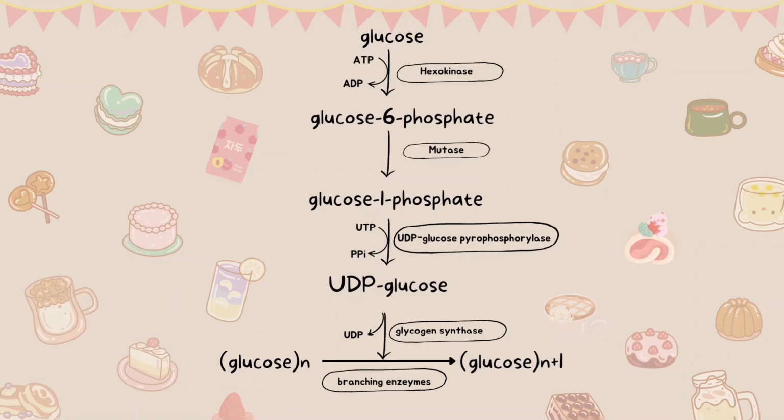And the final step is the branching enzyme, which moves glucose residues from the non-reducing end of glycogen to another residue linked by an alpha-1,6 glycosidic bond. And remember, to take the glucose residues, it must be 11 or more residues long from the branch point. The glycogenesis process utilizes 2 ATP, one ATP for the glucose phosphorylation and another to convert UDP to UTP. Thank you.